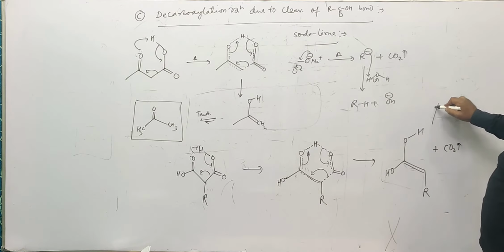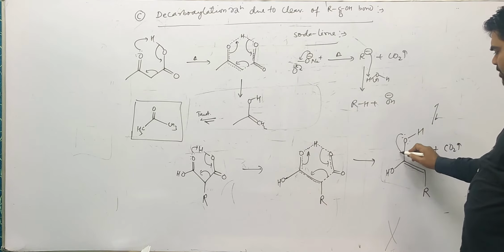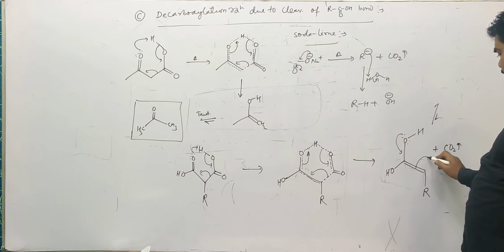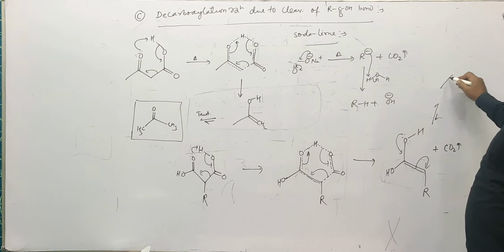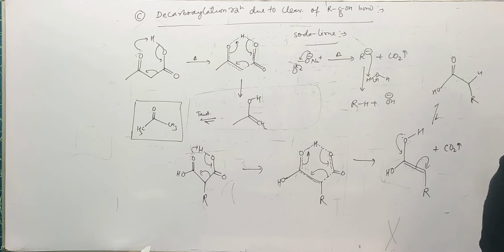This undergoes further tautomerization, so this bond is transferred, and this will become OH, double bond O, at this place H, at this place R. So this will become a monocarboxylic acid.